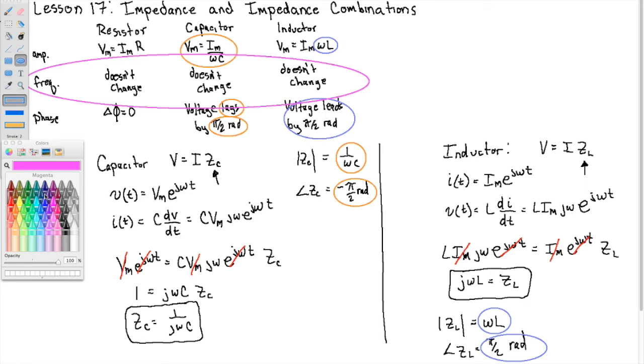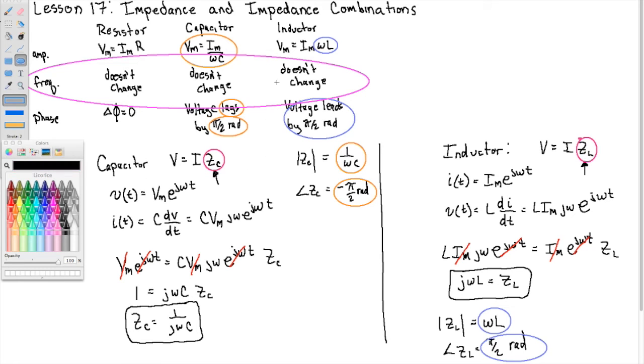Now, one more thing before we look at some examples. This thing that's playing the role of the resistance, this ZC and this ZL, is called impedance. So here's the title now of our lesson, impedance and impedance combinations.